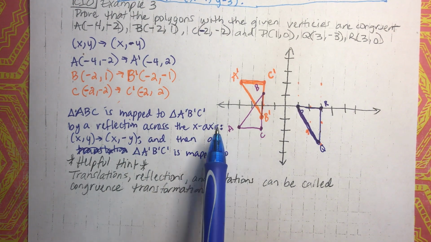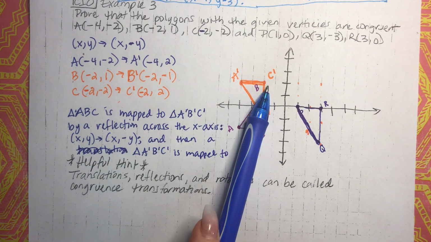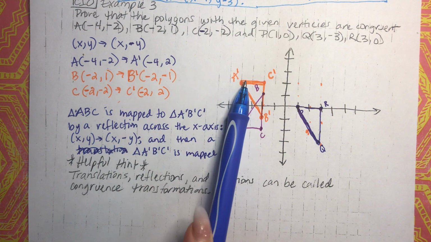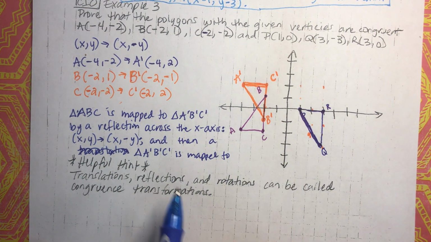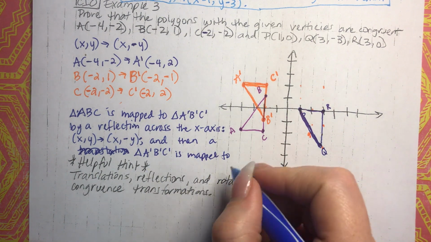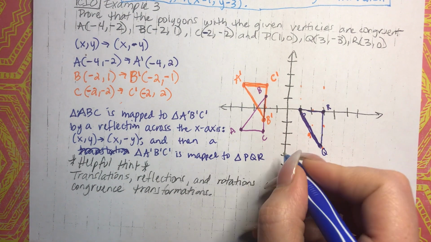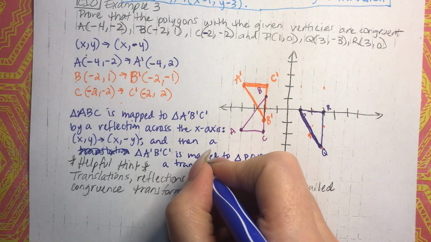It's moving by a reflection across the x-axis, and this is the rule. And then A prime, B prime, C prime is moved to triangle PQR by a translation. So triangle A prime, B prime, C prime is mapped to triangle PQR by a translation.